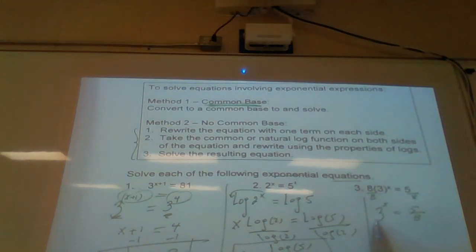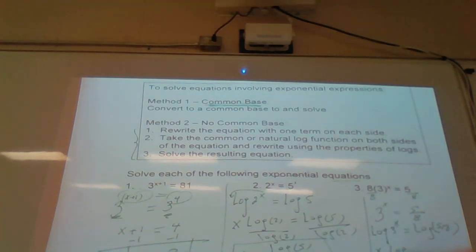The base is 3. I'm not going to be able to fix 5/8 into a base 3 easily. So I'm going to take the logarithm on both sides. Again, x is a power, but now it's a log, so I'm going to bring it to the front. See how important that property of logarithms is?